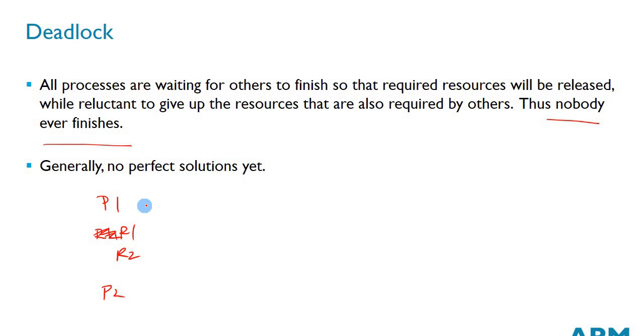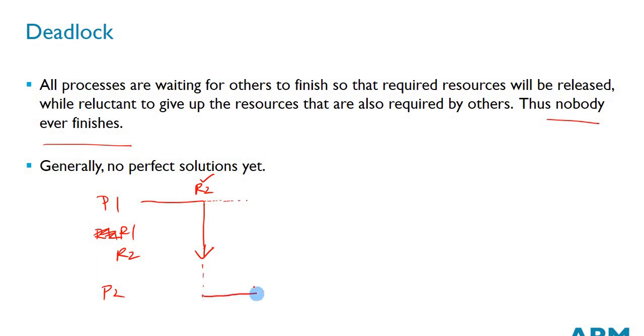Now let's assume that process 1 is running first, and at some point in time it acquires resource 2. While it was running, after that it got blocked, and process 2 was able to run.